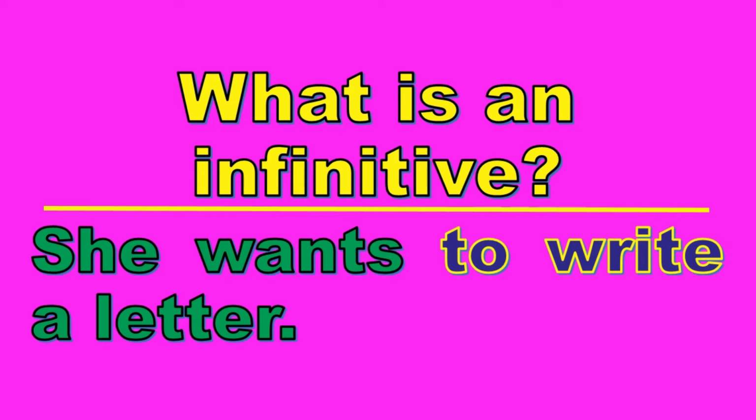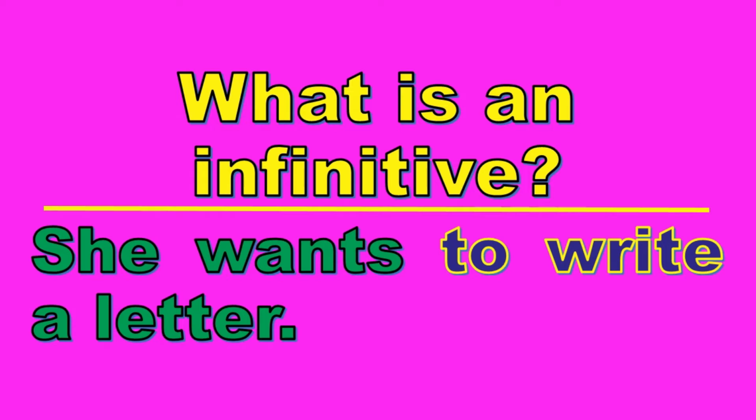Now students, the verb which can change itself with the change of time or tense is called a finite verb, and the verb which can't change itself is known as a non-finite verb or an infinitive.